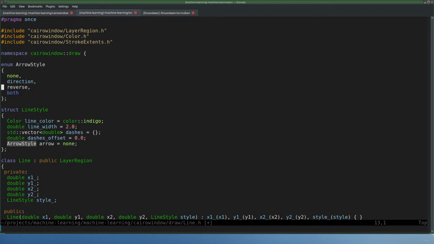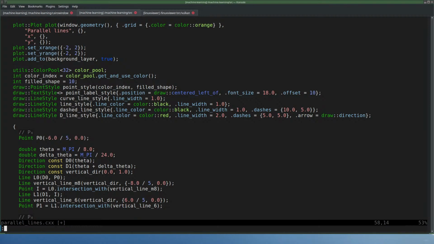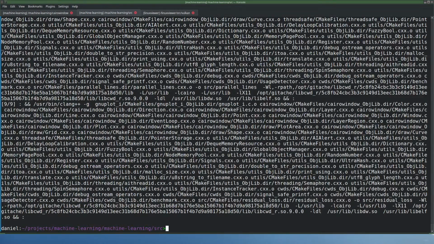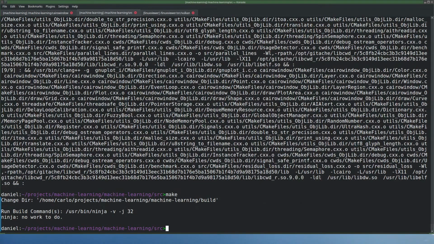What a mess. You get every color imaginable. Well, it's all the same type. Let's see if this compiles. Yeah, it compiles.